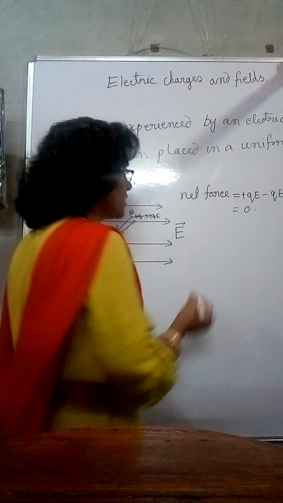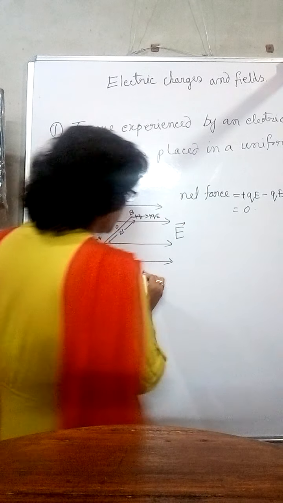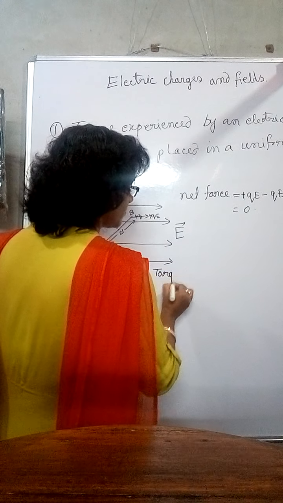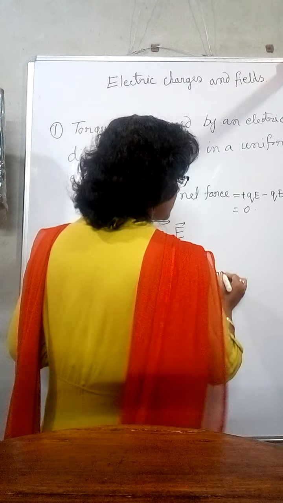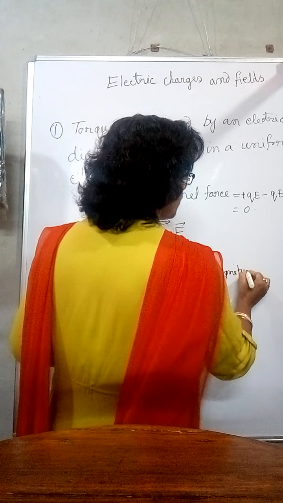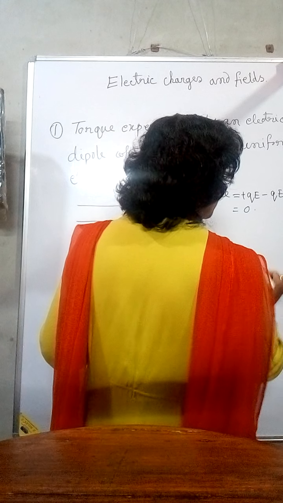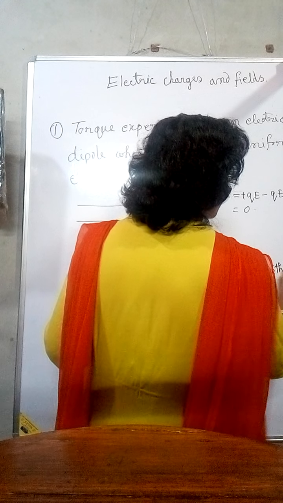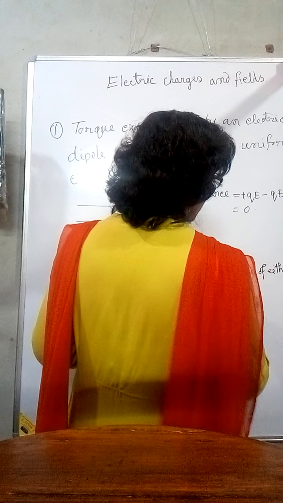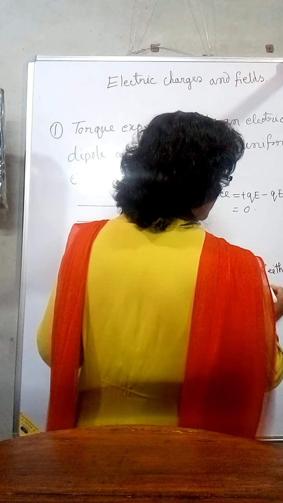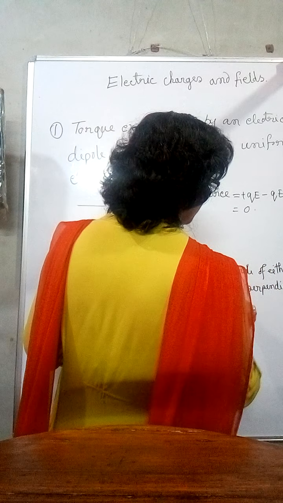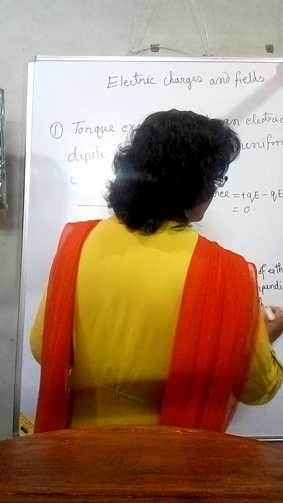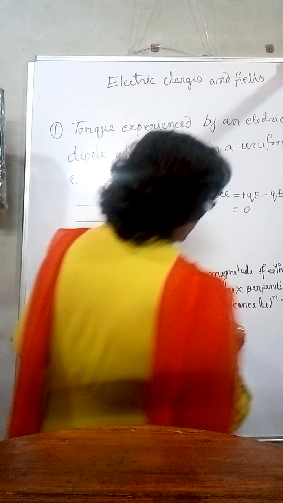Torque, its symbol is tau. Tau is equal to, its formula is, magnitude of either force into the perpendicular distance between the forces.